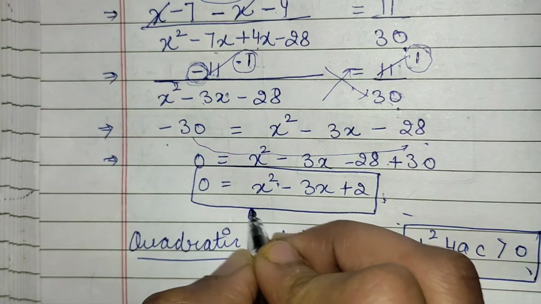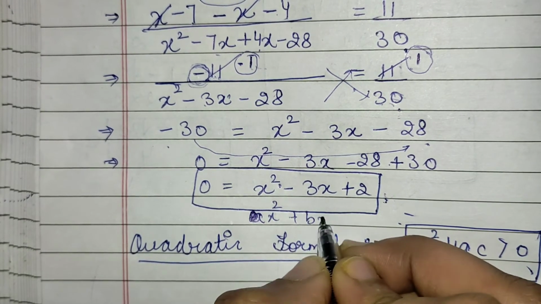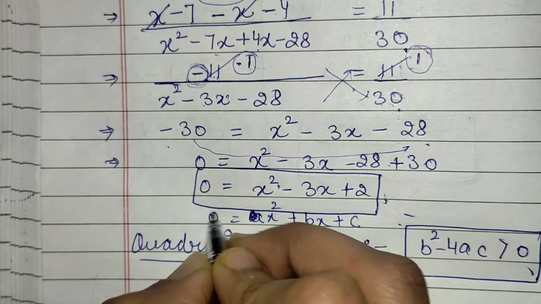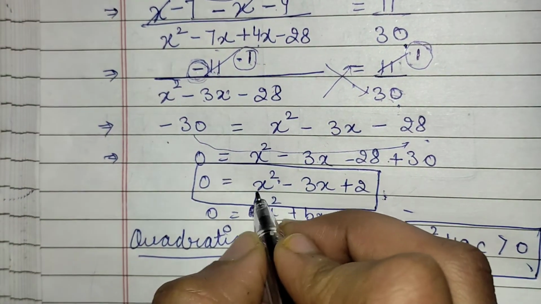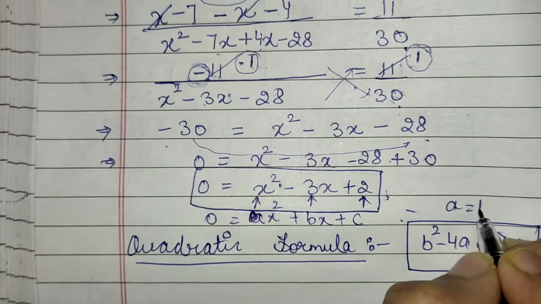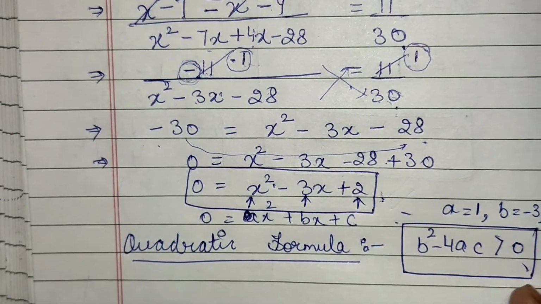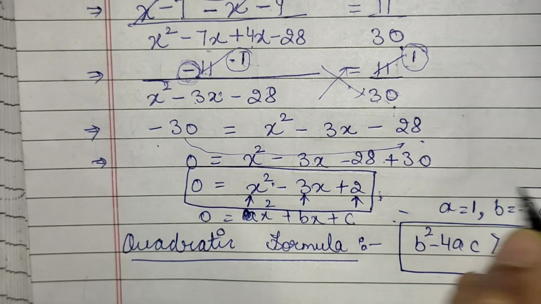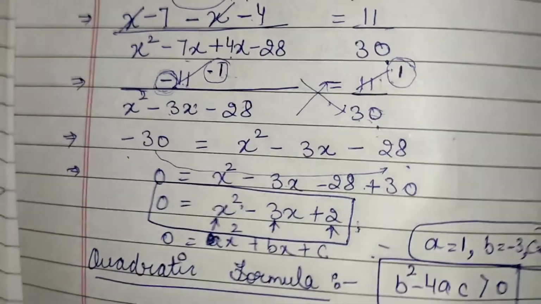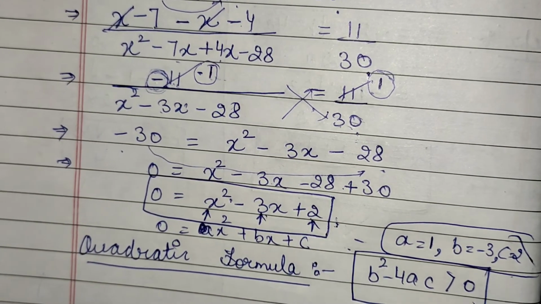We compare our given equation with the standard form of quadratic equation. Okay, so what will I get? Check the coefficients. A is equal to 1, b is equal to minus 3, and c is equal to 2. Okay, a is equal to 1, b is equal to minus 3 and c is equal to 2.